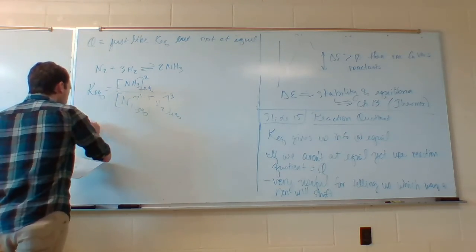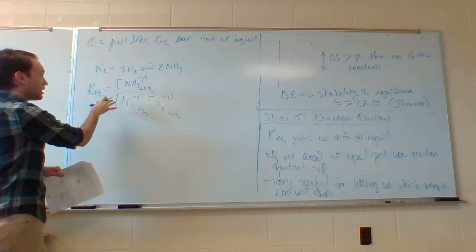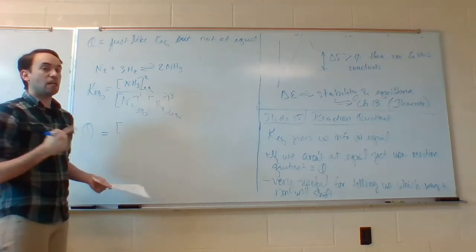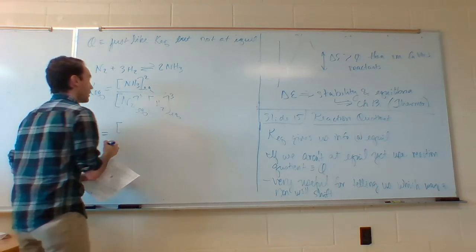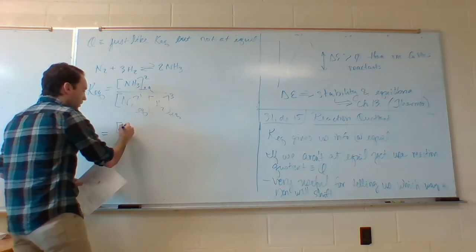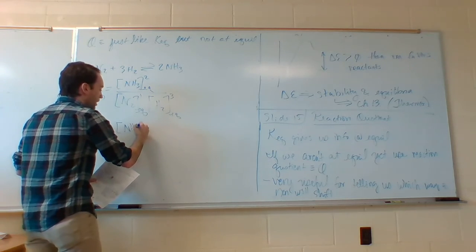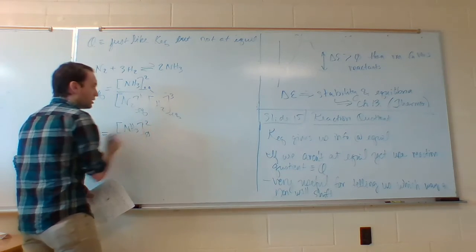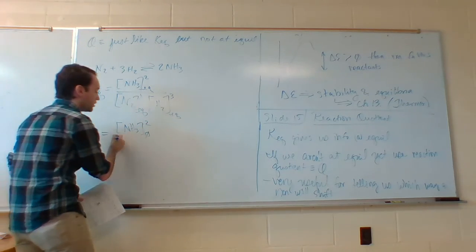Now, Q is just like our equilibrium constant, except that it's our initial concentrations. So here we have NH3, just like before, but it's our initial concentration, and we raise it to our stoichiometric coefficient.